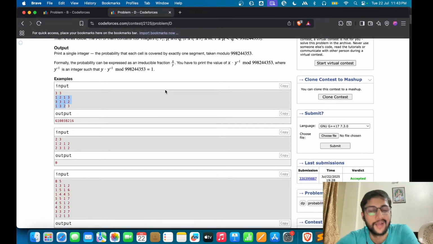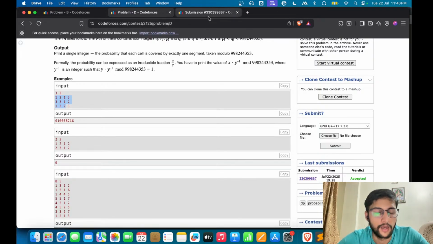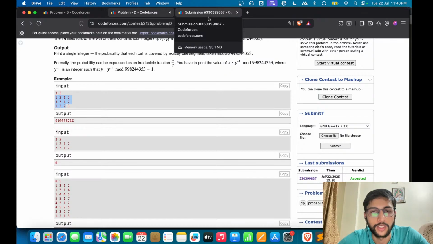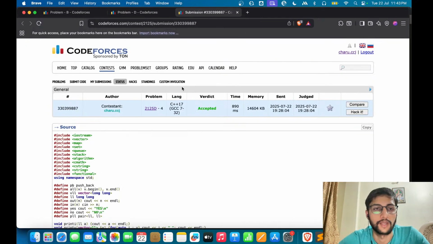So the idea is very simple here, and obviously this is modulo arithmetic, so making functions for multiplication, division, subtraction, and addition in modulo arithmetic simplifies things. Otherwise, manually tracking all of that is very difficult.